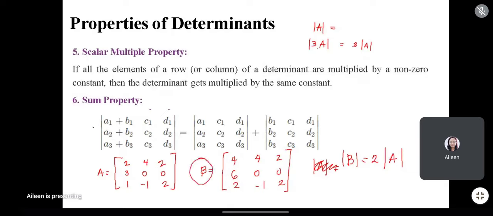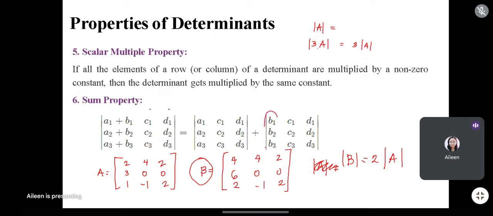So, the sum property naman, if you add any row or column by one row or column, pwede nyo siyang i-distribute. Kagaya nito. Let's say A1, A2, A3, C1, C2, C3, D1, D2, D3. And then you have B1, B2, B3.